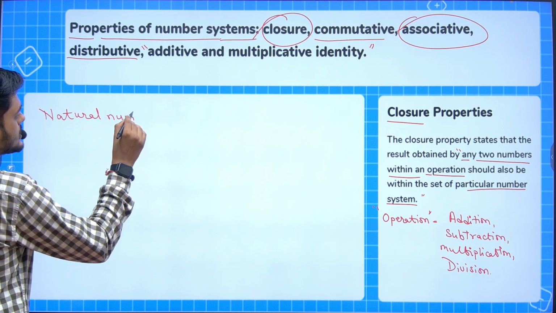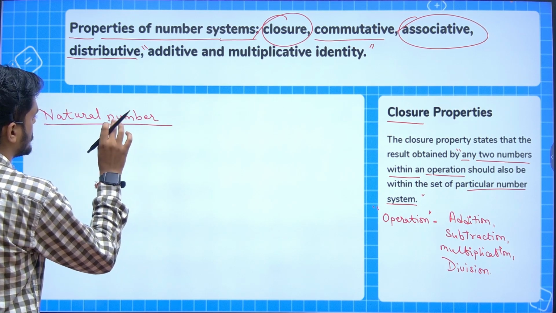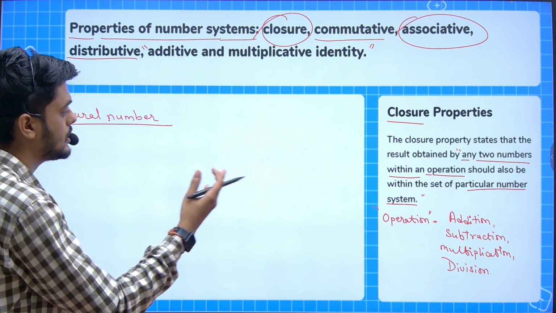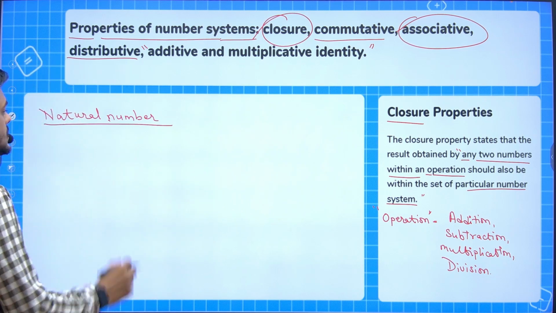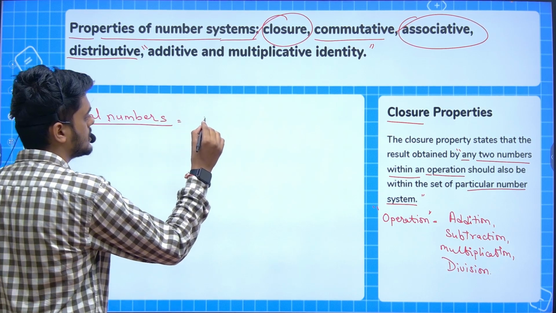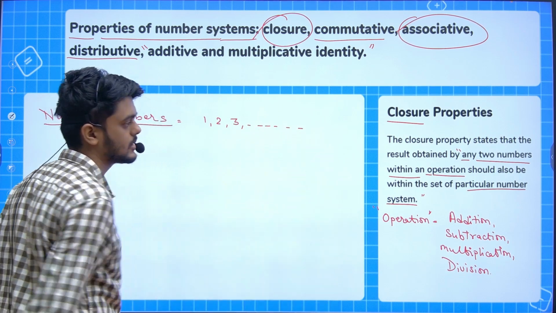Our very first step is complete, of choosing any particular number system. So we have opted for natural numbers. Okay.